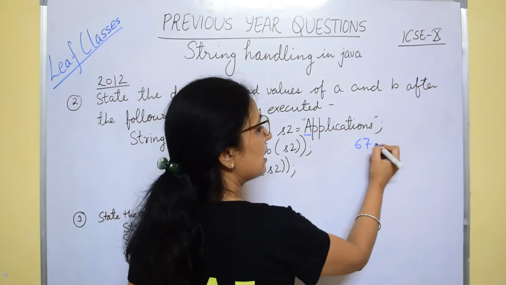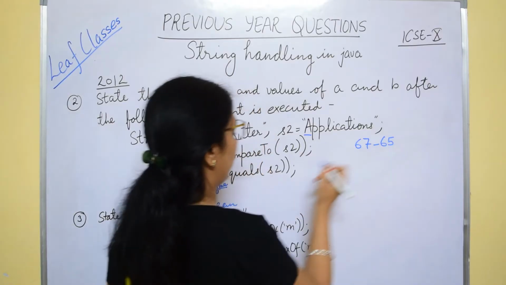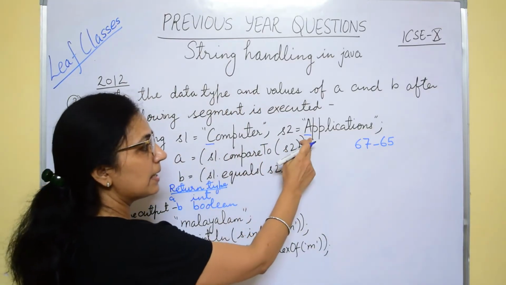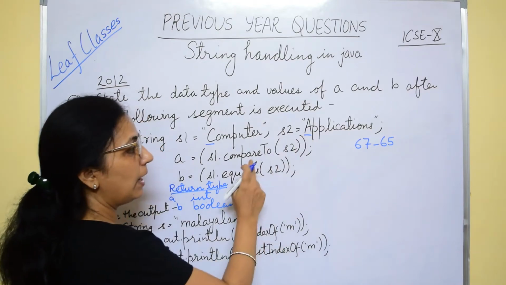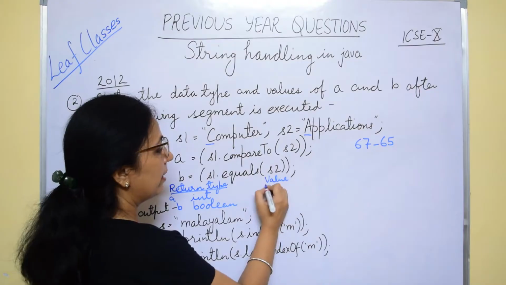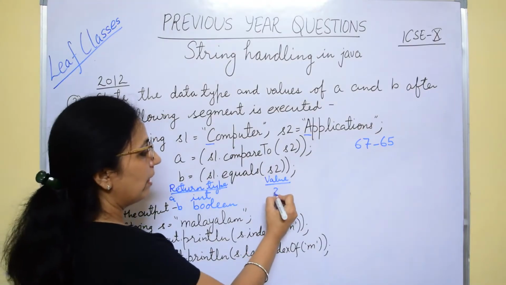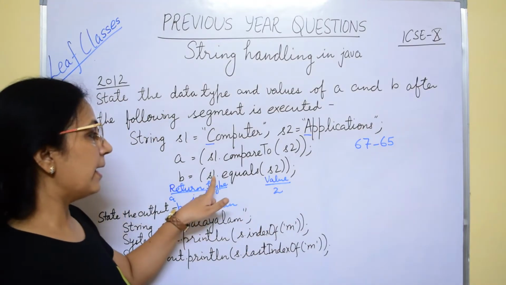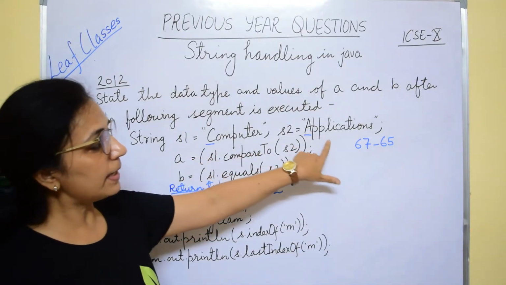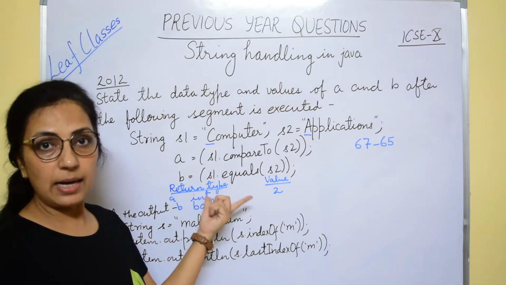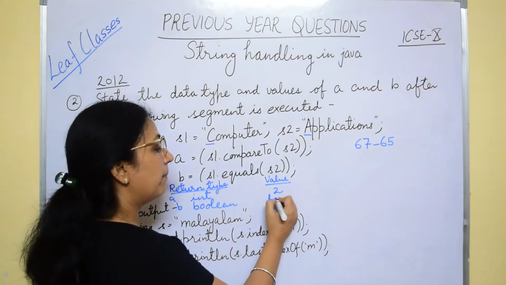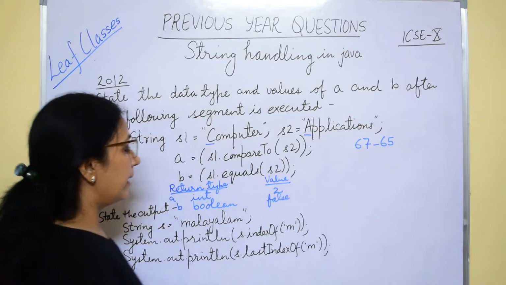So 67 minus 65, the ASCII value of C minus the ASCII value of A, will give you the answer 2. So here you can write the value of a will be 2. And s1.equals(s2): s1 is computer, s2 is applications. Are they equal? Are they identical? No. So the answer will be false, right?